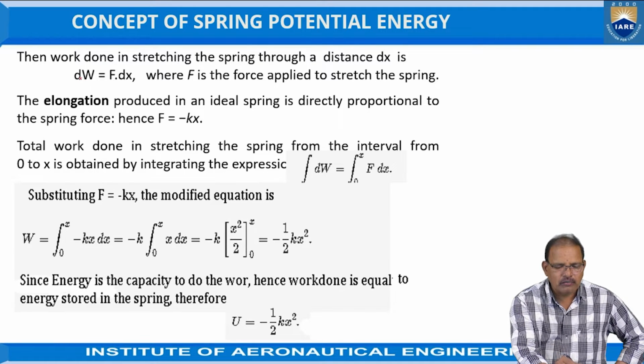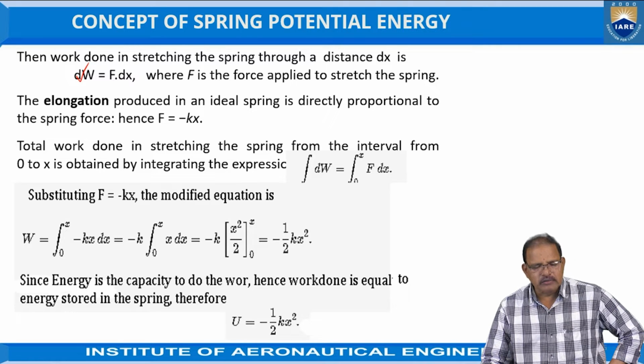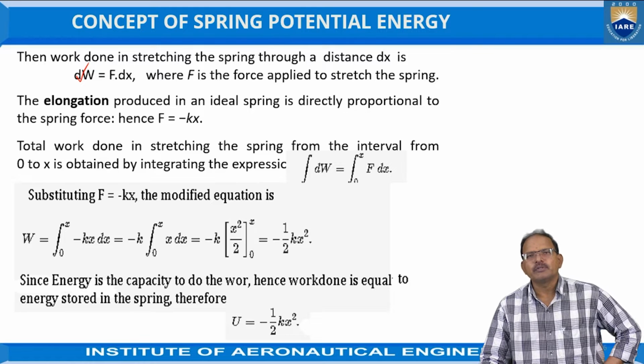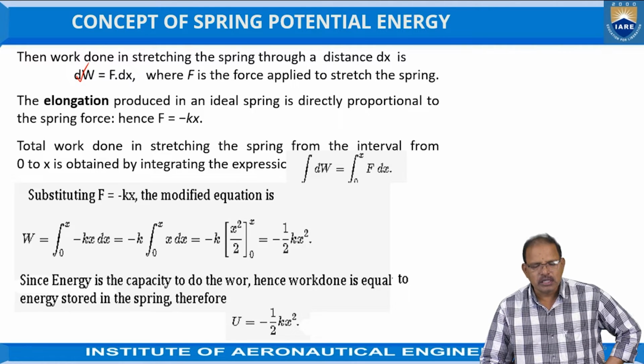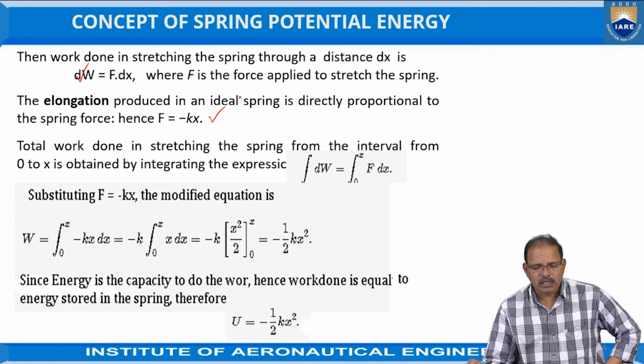Hence, the small work done on the spring because of the application of the external force is dW equal to F into dx, where F is the force applied to stretch the spring. Now, the elongation produced in the ideal spring is directly proportional to the spring force. Hence, F is equal to minus kx.